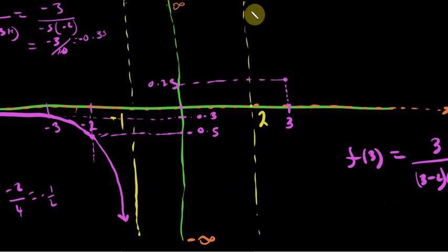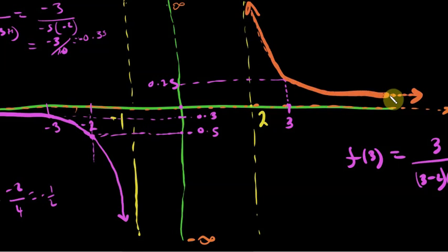This tells me it's in this region, and the curve approaches its asymptote. No holes.